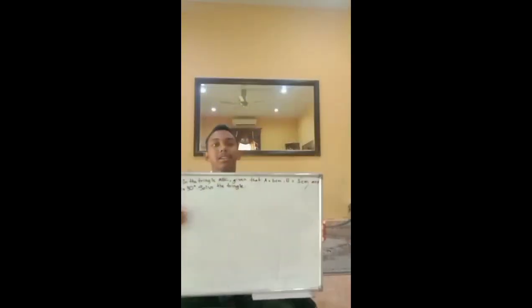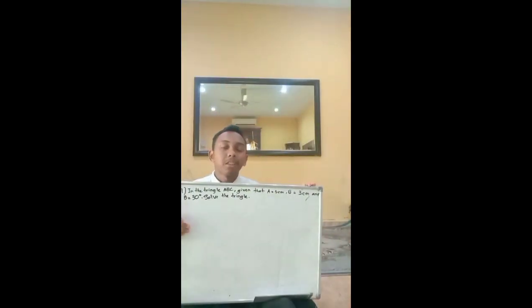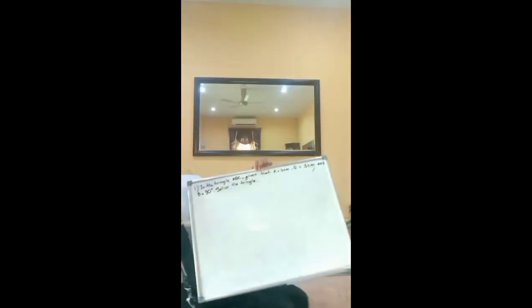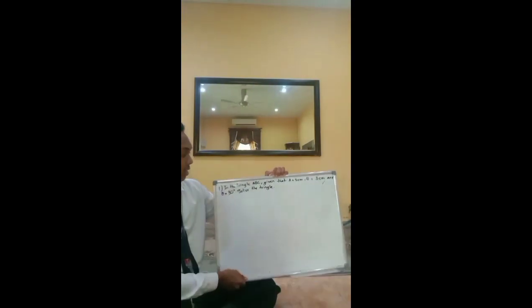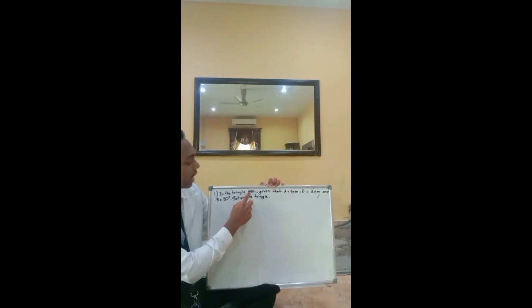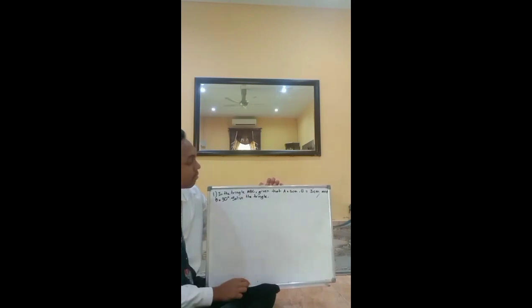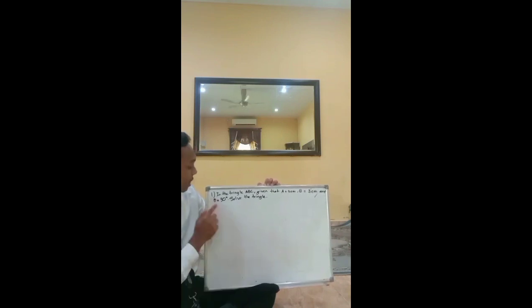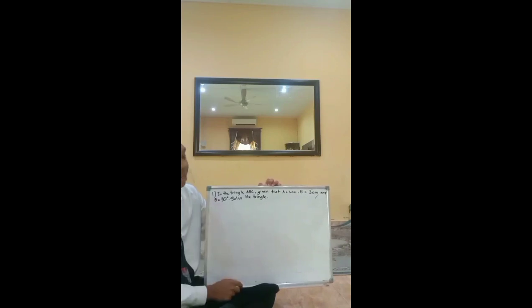Now let's see an example question. This is an example question for the triangle. In triangle ABC, given that a equals 5 cm, b equals 3 cm, and angle B equals 30 degrees.